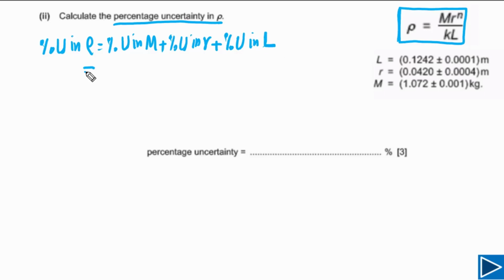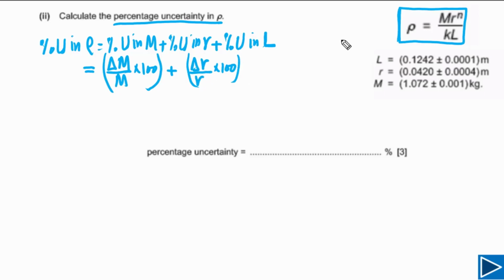So the percentage uncertainty in density is simply equal to delta M divided by M, multiplied by 100. This is how you write the percentage uncertainty in M, plus the percentage uncertainty in R, which is delta R, meaning absolute uncertainty, divided by R, multiplied by 100.